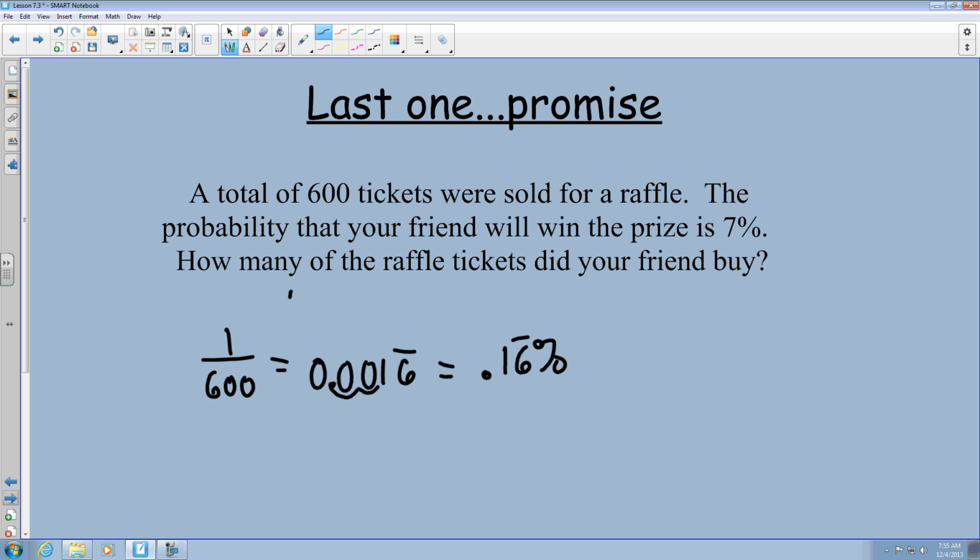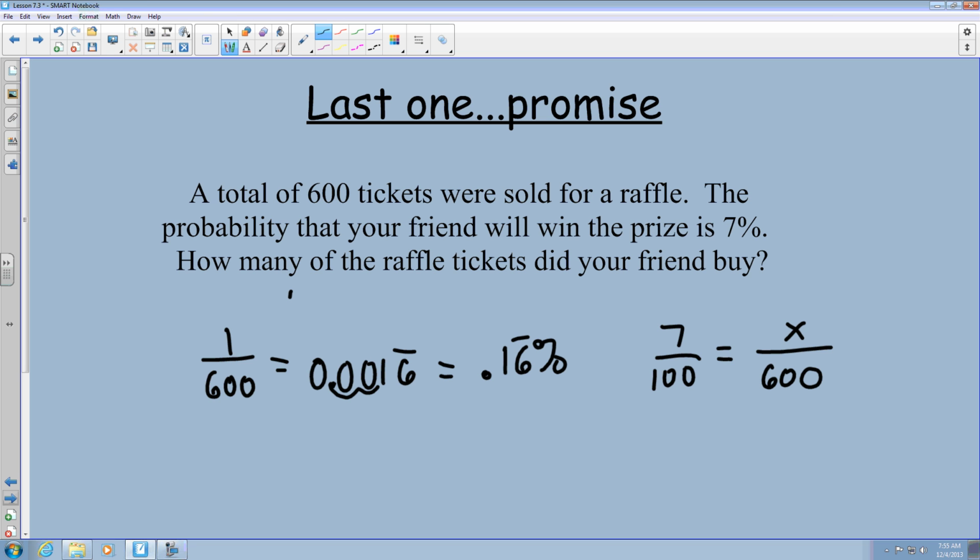So I'm going to go 7 over 100. I'm going to write this as a proportion, and it's going to equal 600 on the bottom because there's 600 tickets, but I don't know how many tickets I have to buy to get that 7%, because 7 over 100 is 7%.